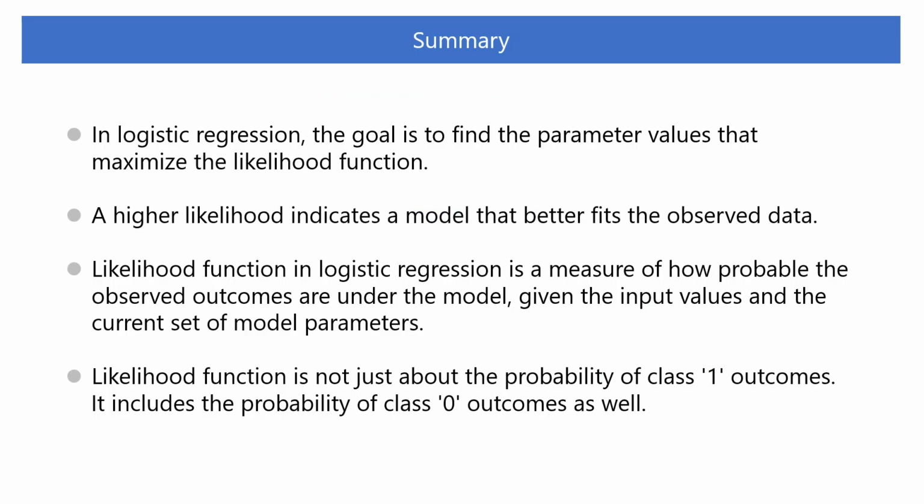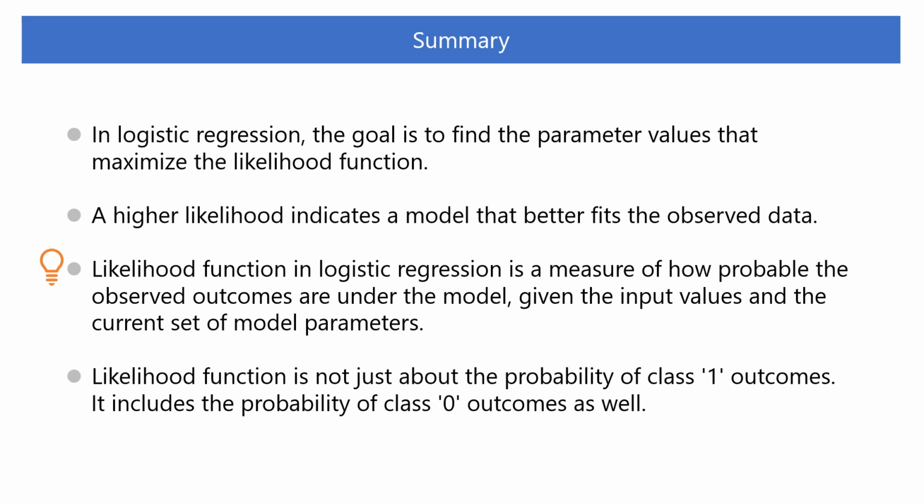Let's summarize the main points of this chapter. In logistic regression, the goal is to find the parameter values that maximize the likelihood function. A higher likelihood indicates the model better fits the observed data.